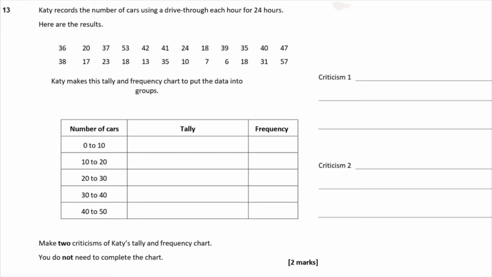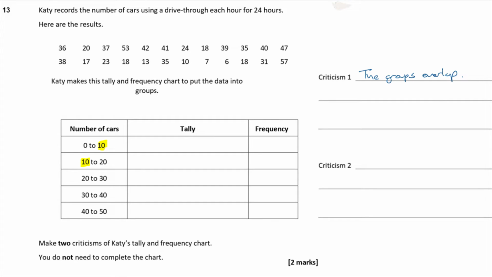Right, so what are my criticisms? Now, first off, my criticism is my groups. They overlap. What am I going to do with the number 10? Am I going to put it in 0 to 10, or am I going to put it in 10 to 20? So that's my first criticism. I'm going to say the groups overlap.